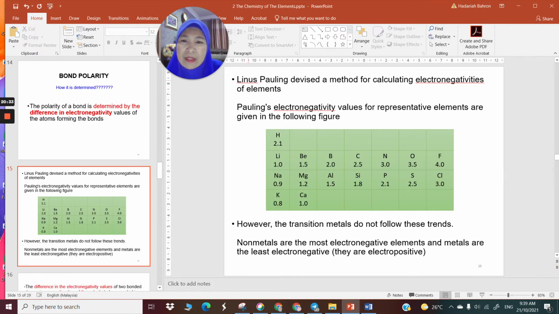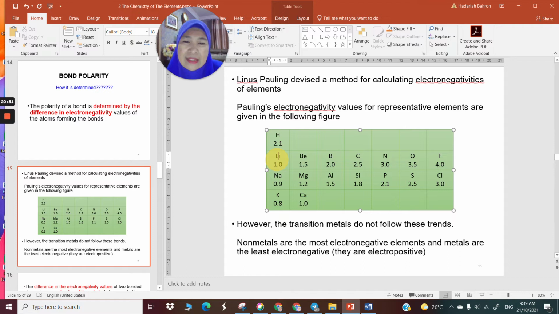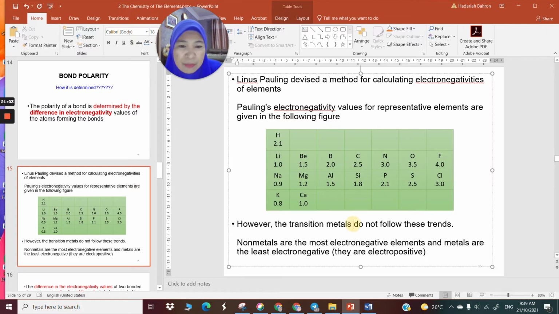So the chemist Linus Pauling, his first name is Linus, Pauling is his surname, devised a method for calculating electronegativities of elements, and these are those values. As you can see, this is a simplified version of the periodic table. Lithium has a Pauling value of 1, fluorine has a Pauling value of 4, sodium 0.9, chlorine is 3. However, we do not put Pauling's values on your transition metals.